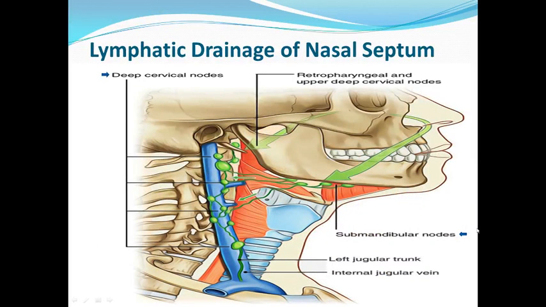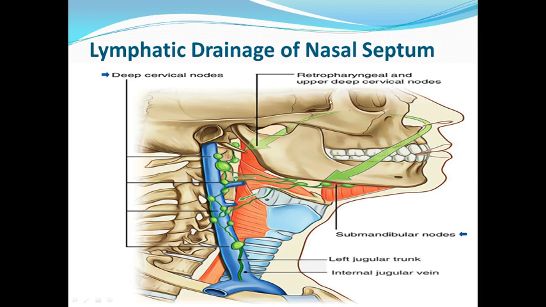Now, talking about lymphatic drainage, the anterior half of the nasal cavity will drain its lymph into the submandibular lymph nodes. These are the submandibular lymph nodes below the mandible, and the anterior half of the nasal septum will drain its lymph into them.